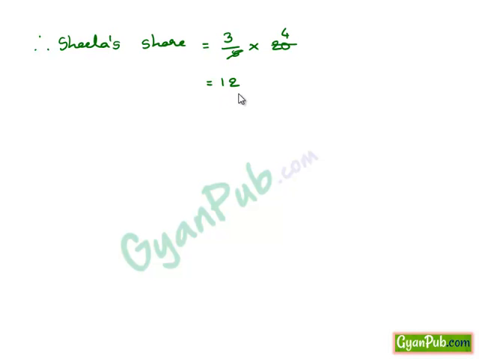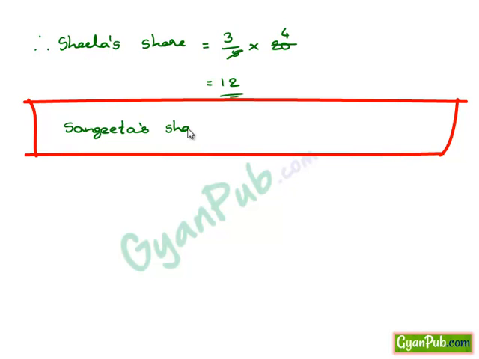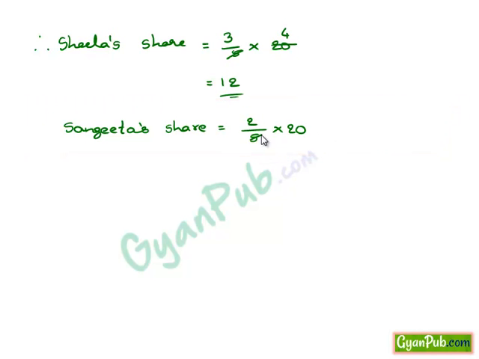Therefore, Sheela will get 12 pence out of 20. Similarly, Sangeeta's share is nothing but 2 upon 5 multiplied by total number of pence, that is 20, and 5 goes in 20 by 4 times, which is equal to 8. Therefore, Sangeeta will get 8 pence out of 20.